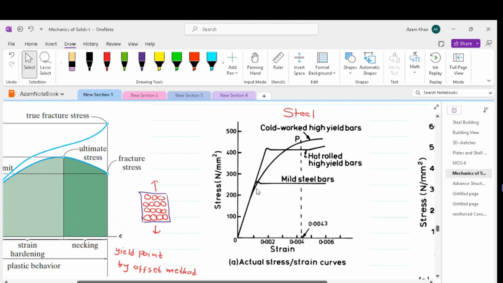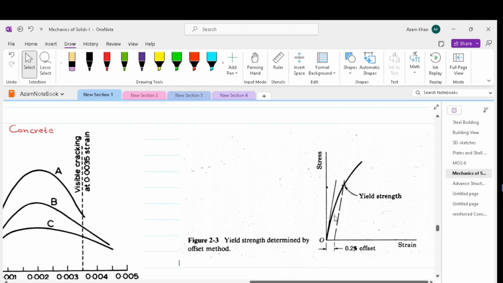This method consists of drawing a line parallel to the initial tangent of the stress strain curve. This line is started at an arbitrary offset strain, which is 0.2% or 0.002 meter by meter or inch by inch. The intersection of this line with the stress strain curve is called yield strength. So in this figure, we don't have a well-defined yield point.